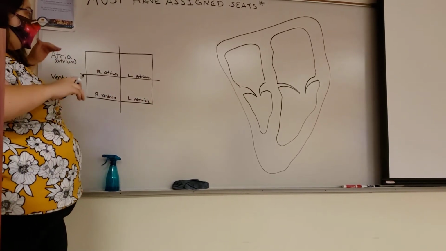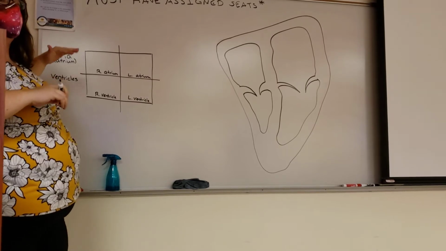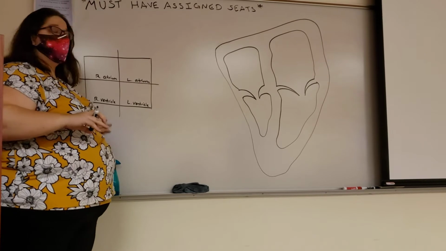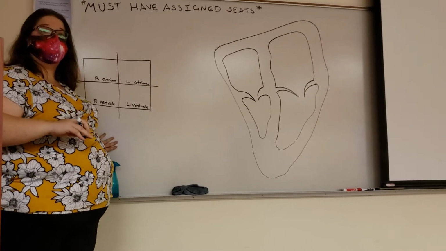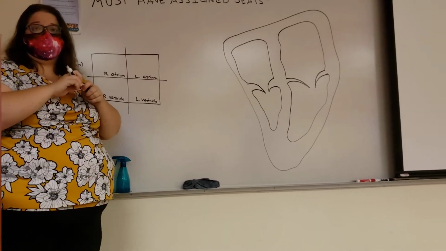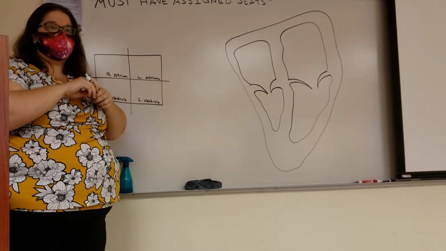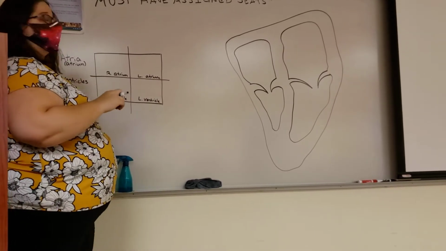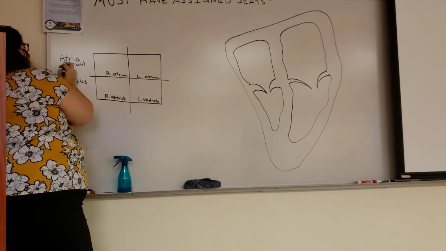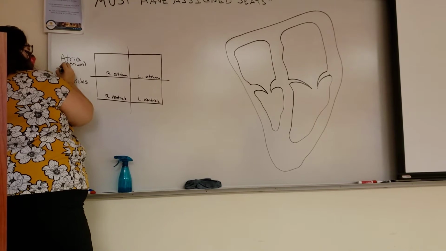The jobs of the top two and the jobs of the bottom two are different. And the job of the left side versus the right side are also different. So first things first, we are going to talk about the jobs of your atria. Your atria is supposed to collect or accept the blood.